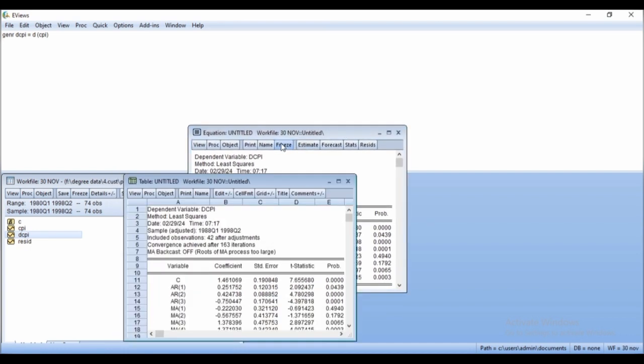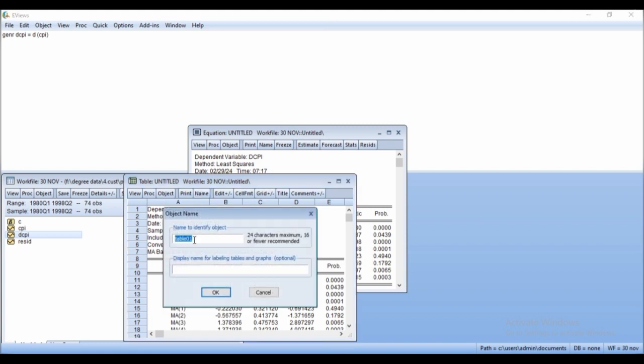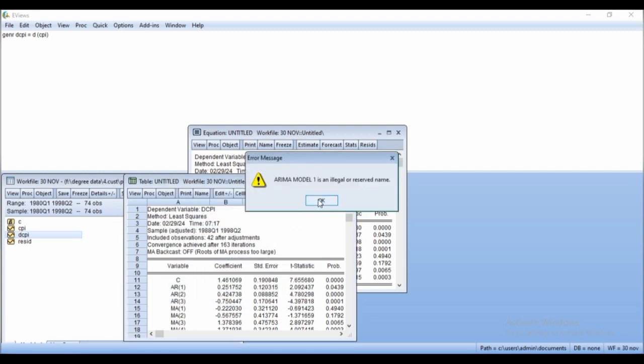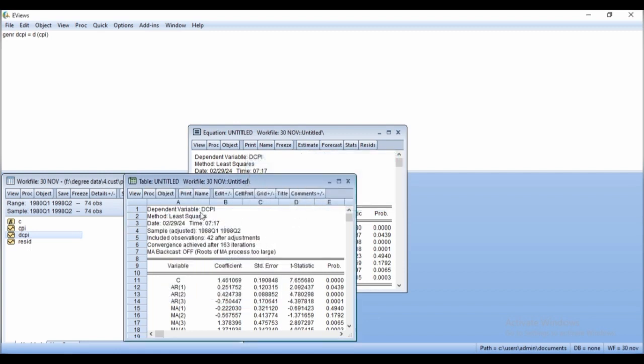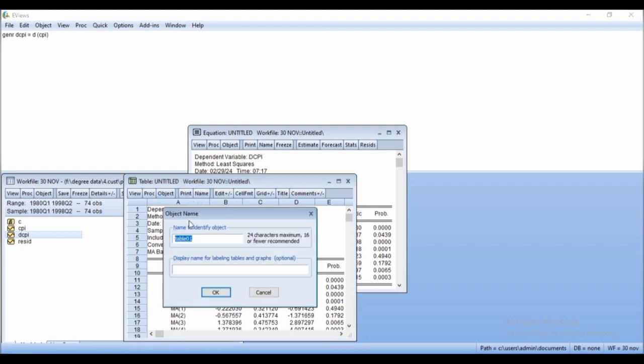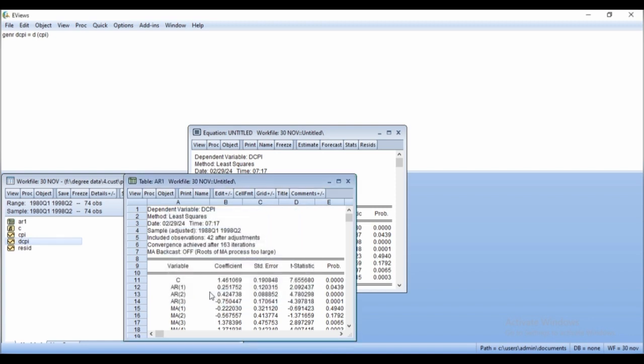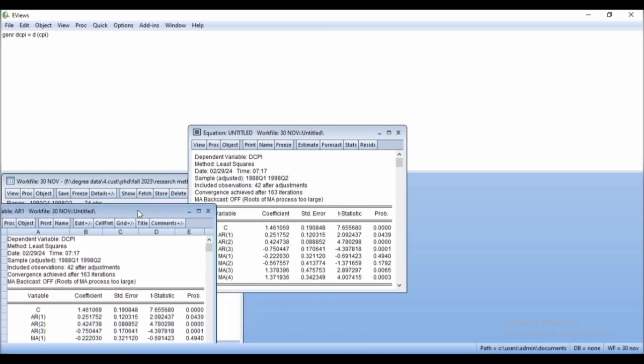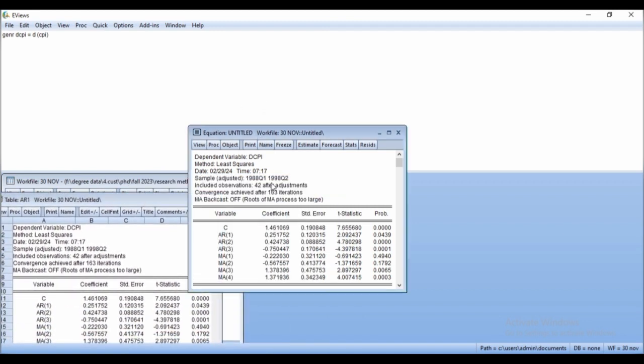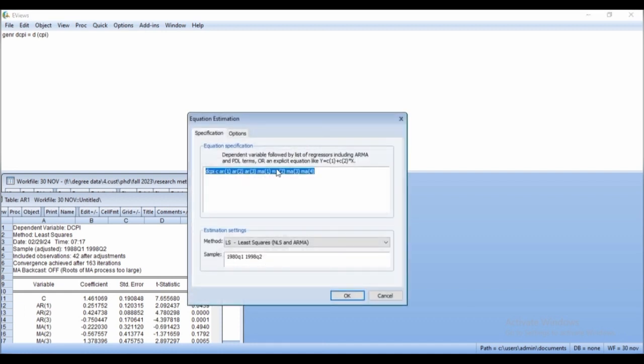We will freeze it and we will name it as ARIMA model 1. So here we go. Okay, so it's saved as AR1 because we have to use it in the future for our decision. Then we will estimate our second equation.